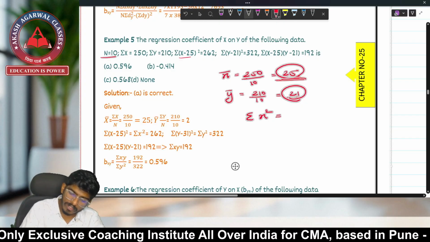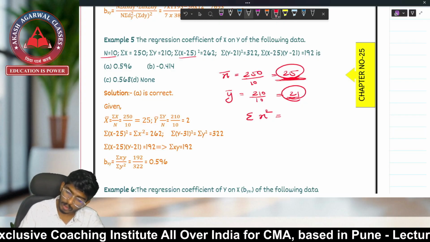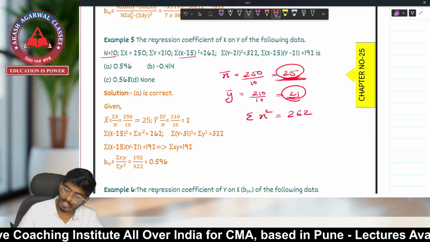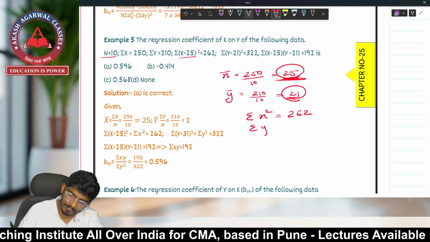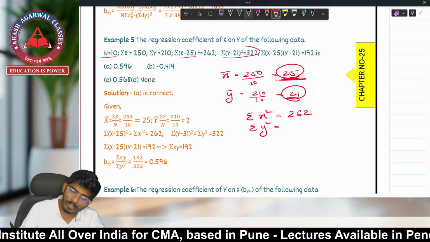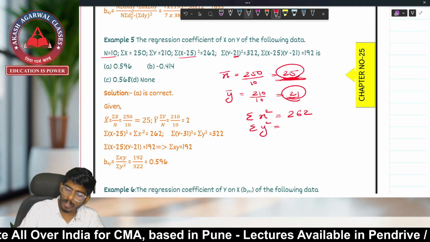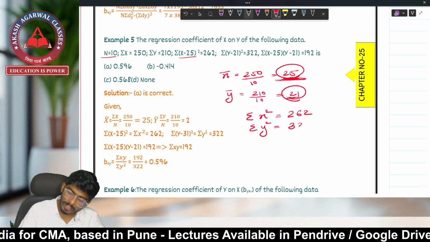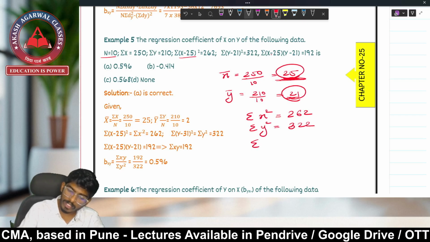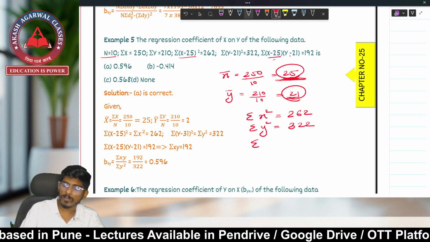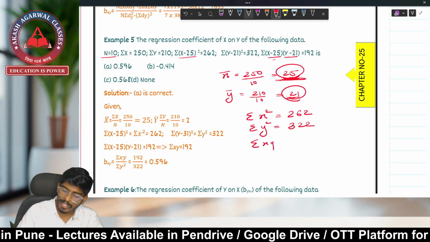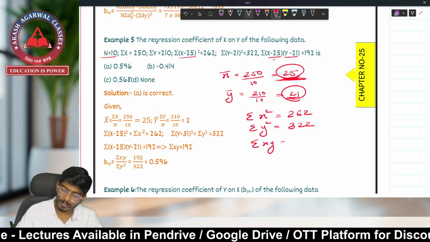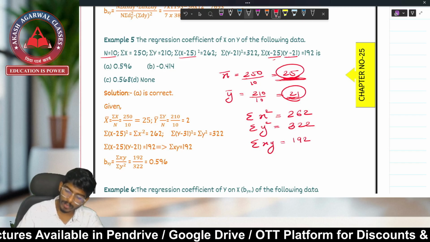That's the reason I have written x minus x bar as x square. So they have given us x square is 262. Similarly, y minus y bar, y is a whole number, y bar is a whole number, we can write it as y square. It is going to be 322. And similarly over here as well, this is x minus x bar, this is y minus y bar. We can write x minus x bar as x and y minus y bar as y. So summation of xy is 192.